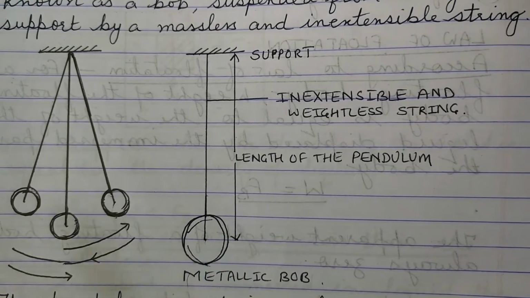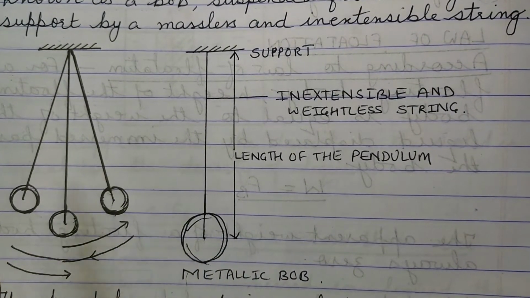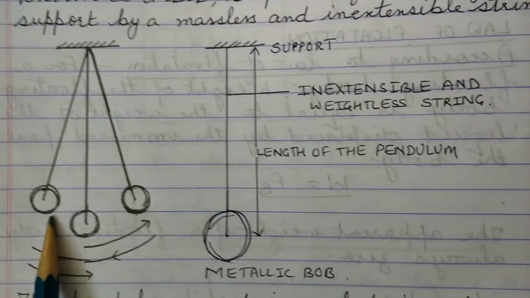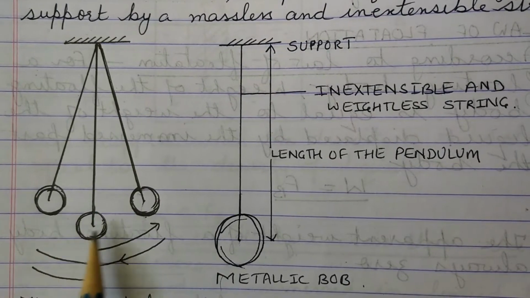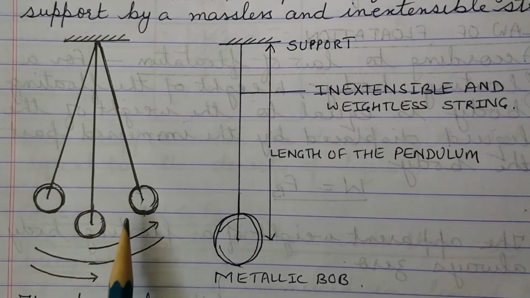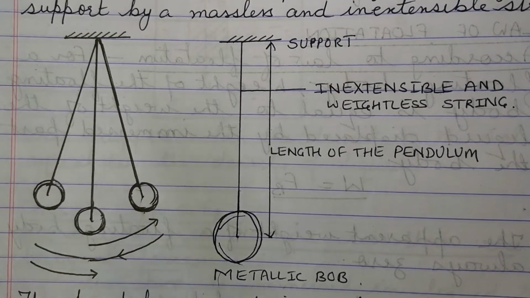But if you have to explain other terms, then we'll be showing this type of diagram where the different positions of the pendulum bobs have been shown when it is oscillating.